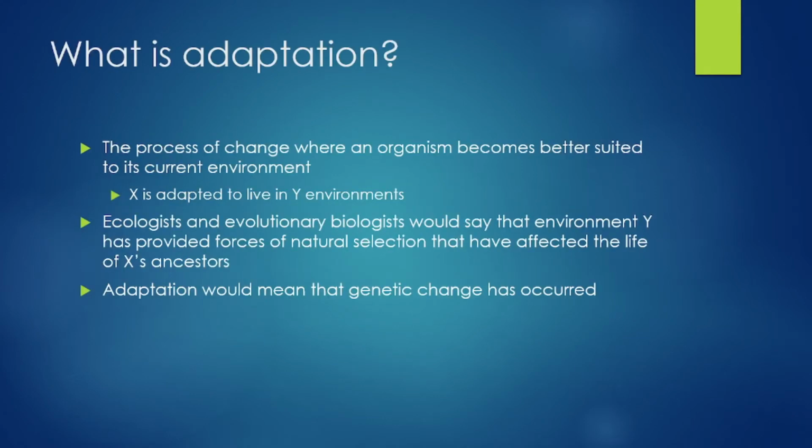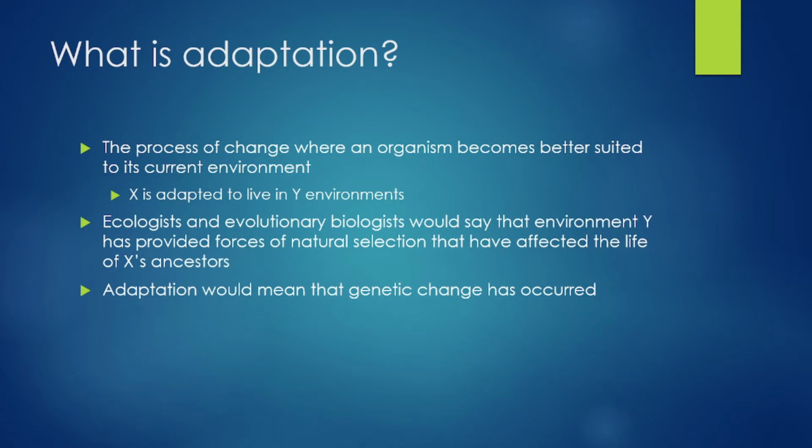So it is the process of change where an organism becomes better suited to its current environment. So it's a scenario where organism X is adapted to live in Y environments. Ecologists and evolutionary biologists would say that environment Y has provided the forces of natural selection that may have affected the life of X's ancestors.